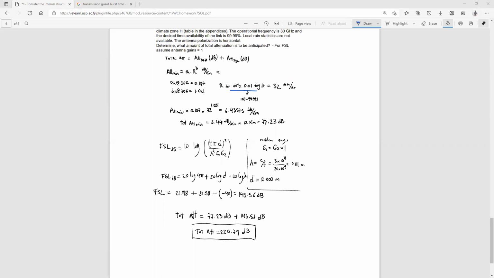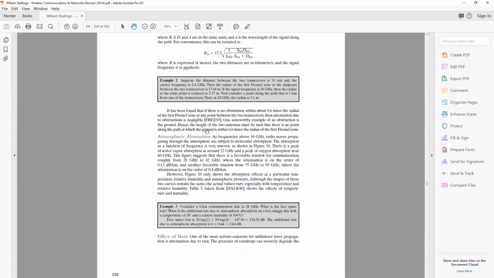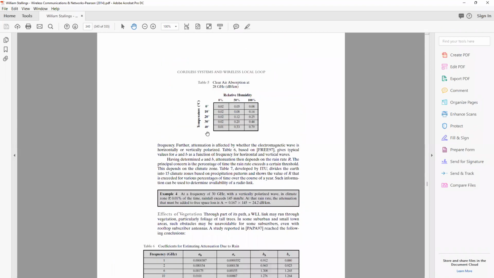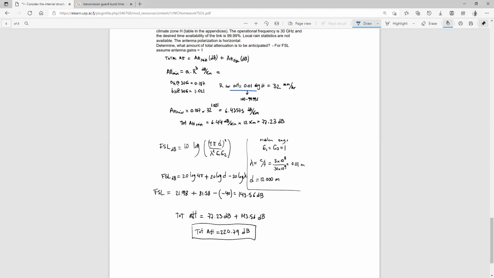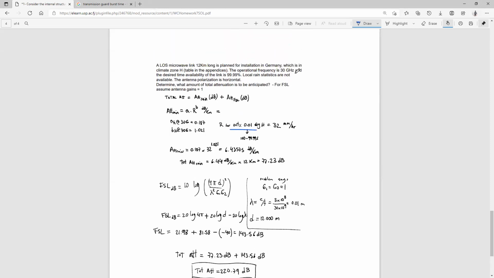If we go back to this particular textbook, you can see that our frequency is 30 gigahertz. So at 30 gigahertz, what is our horizontal component for A, and what is our horizontal component for B as well?